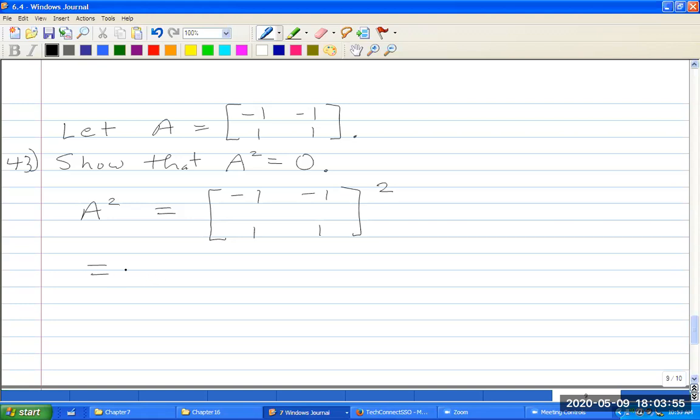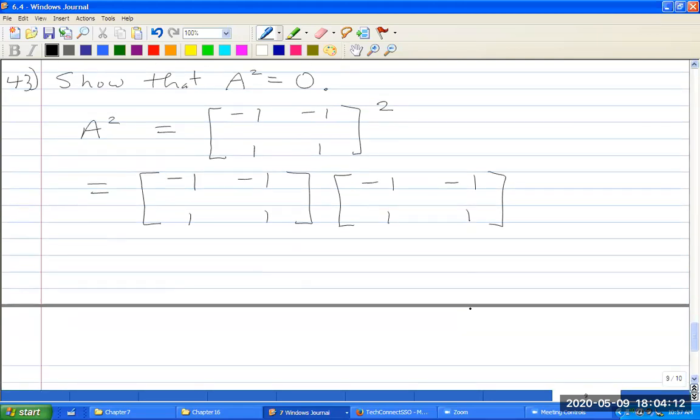So this is equal to -1, 1, -1, 1 times -1, -1, 1, 1. So let's multiply this out.